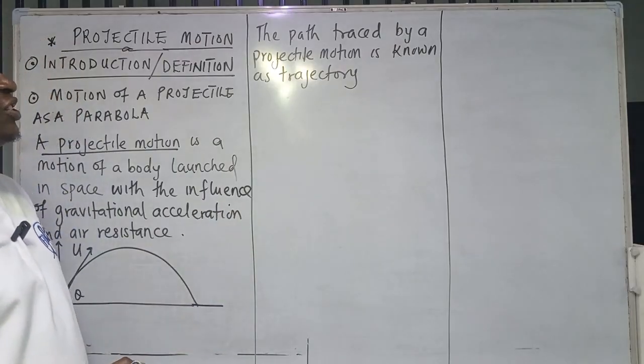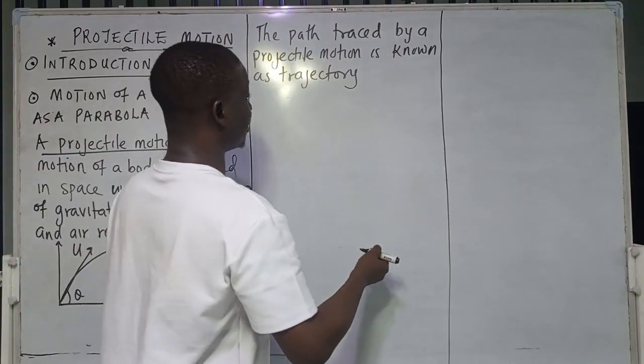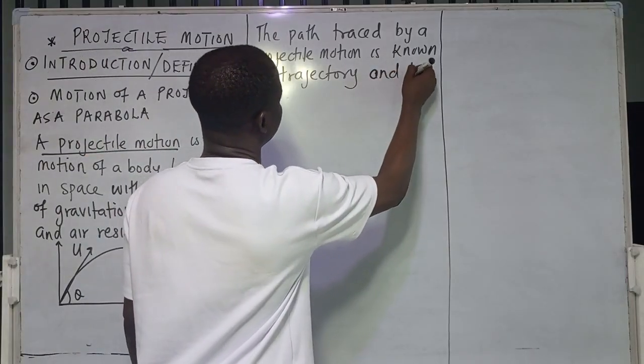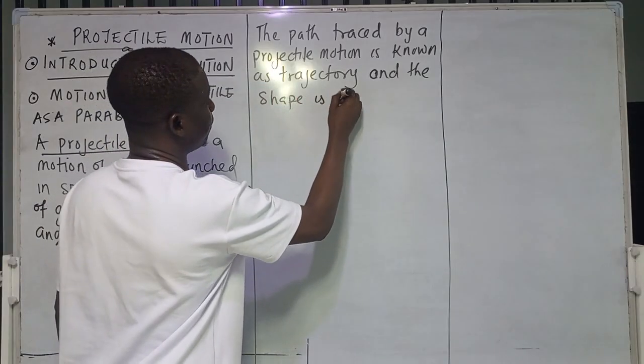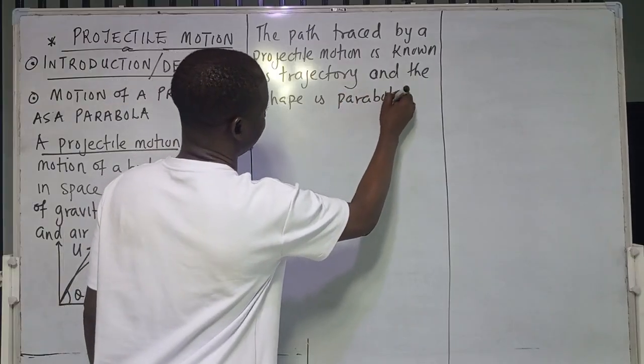It's called a trajectory, and the shape is parabolic. Please take note of that.